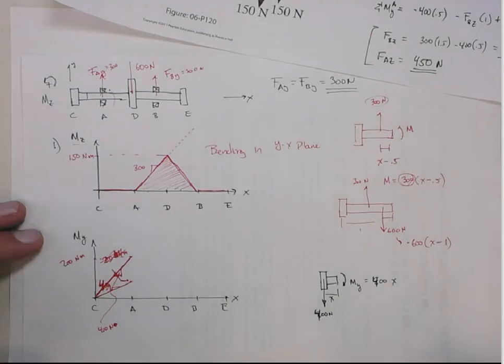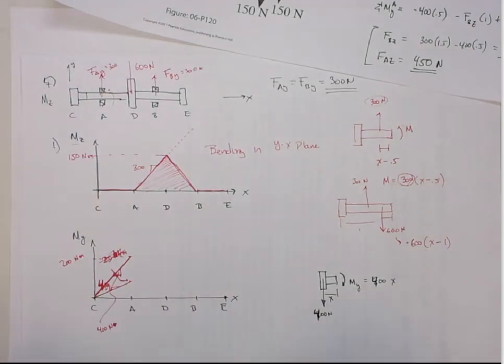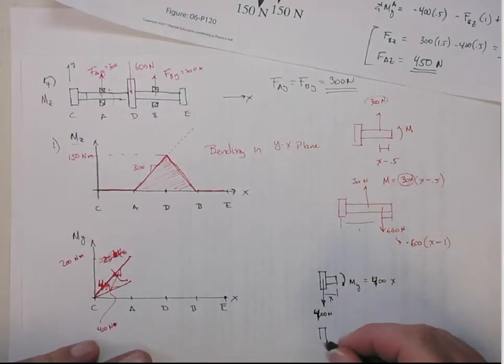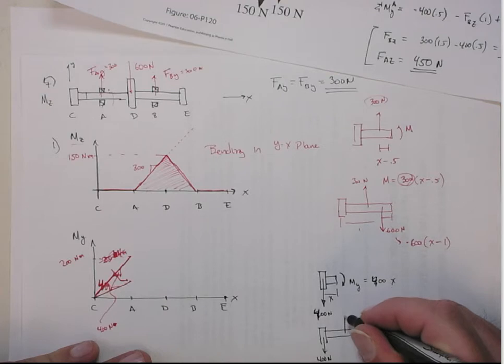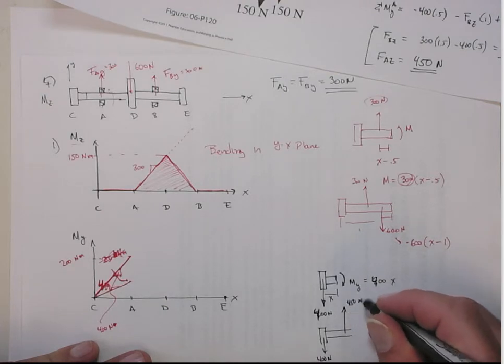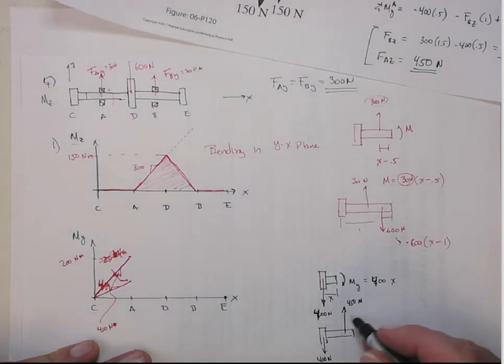Now once we get to point A, we still have that moment, but now we're adding on to it. I still have the 400 times x moment from this one, but now I have an upward force at A of 450 newtons. This one is going to give me a moment with a slope of positive 400, still a positive moment.